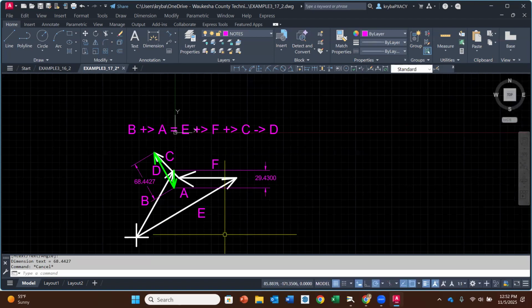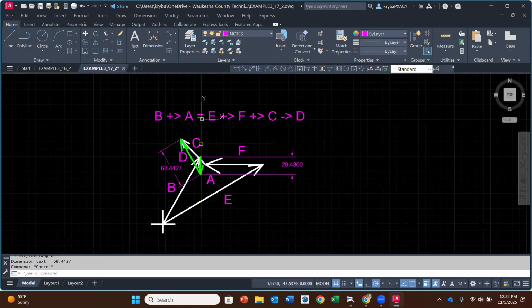So A is going to be, make sure you have your arrowhead on there to show the direction is down, and it's 29.43. And then D is up and to the left. Make sure you have your arrowhead going up and to the left.